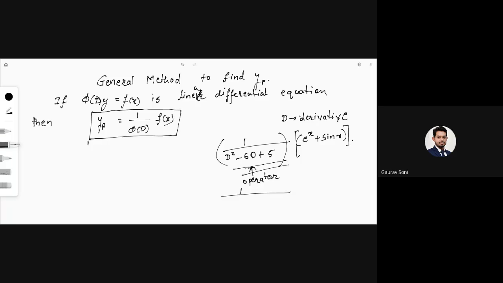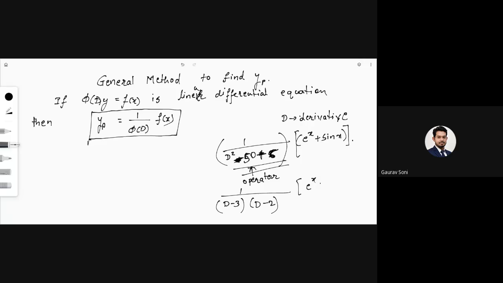In this example, D square minus 5D plus 6 is D minus 3 times D minus 2.